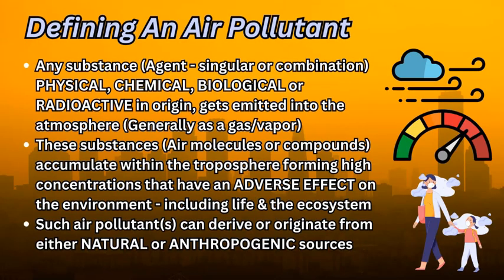And if the concentration of that substance has an adverse effect on the ecosystem, on the environment, or on the people or humans within that area, then it becomes an air pollutant. If it's harmful to the environment or any life, it becomes an air pollutant.